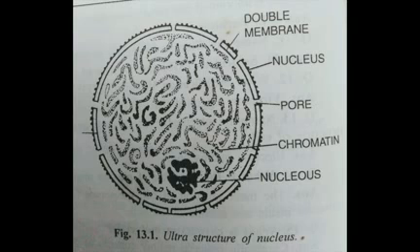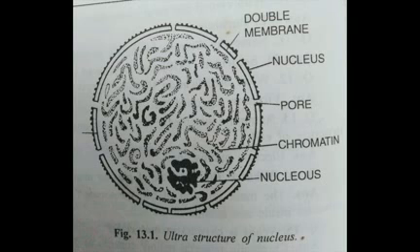Now the chromatin material is mainly formed of DNA. What is DNA? Deoxyribonucleic acid. Genes are segments of DNA. Thus, DNA is responsible for storing and transmitting the hereditary information from one generation to the next generation.